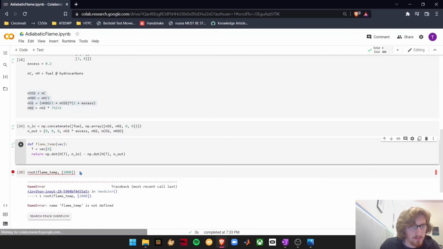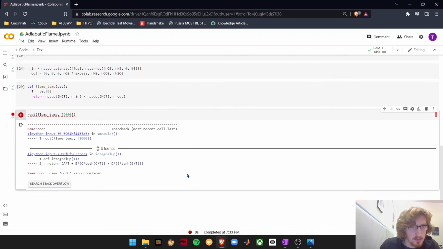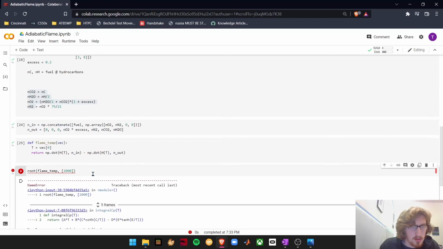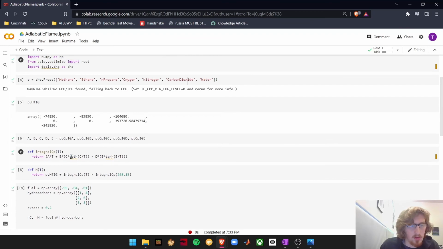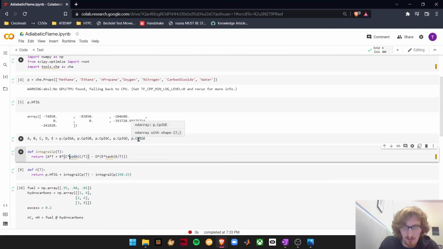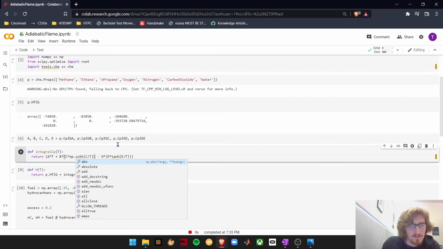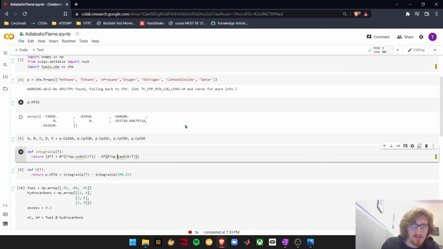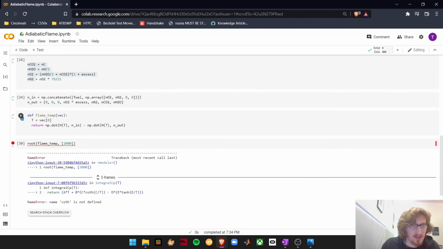I need to run this again. There we go. Oh, well, going all the way back up here, I forgot to specify numpy functions. Python doesn't have these functions built in. You need to import something, in this case numpy.